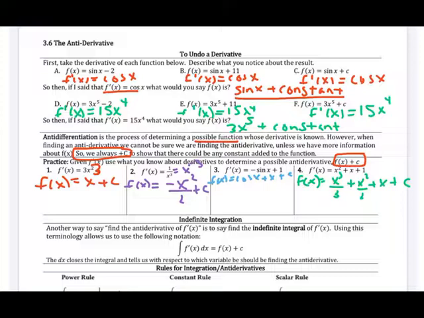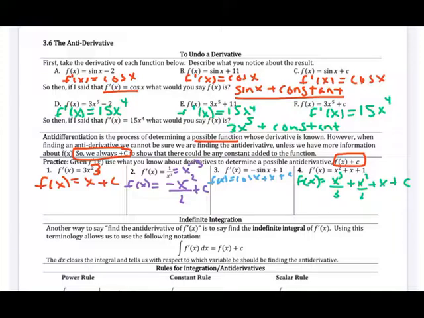So you're thinking through, how would I undo this? What's happening to the exponent when we take the derivative? We're subtracting 1. So when we're doing anti-differentiation, we're going to add 1. Then we could check this: if I took the derivative of x to the third, yep, that would in fact give me 3x squared. And don't forget your plus c.